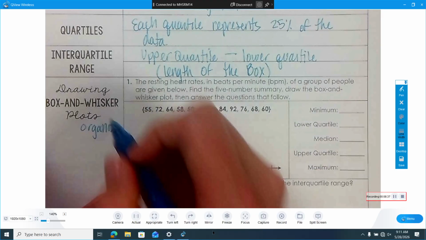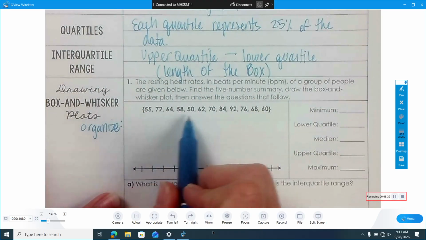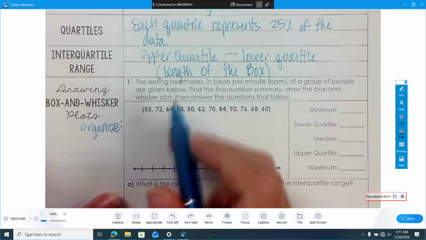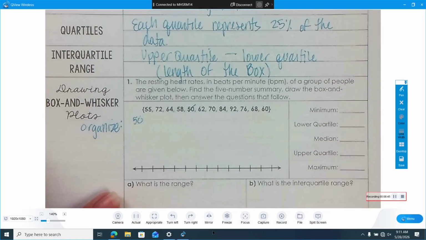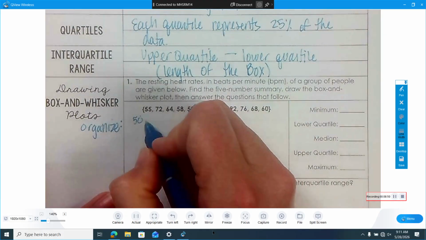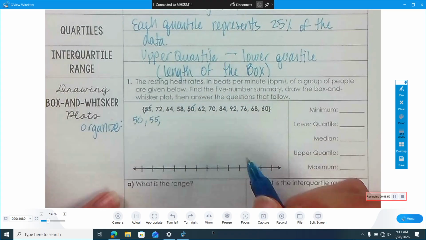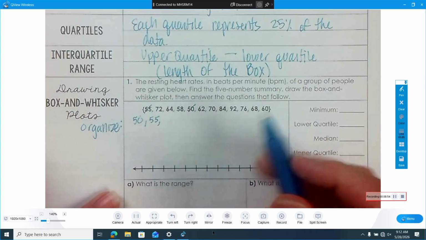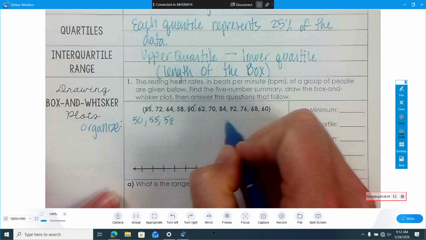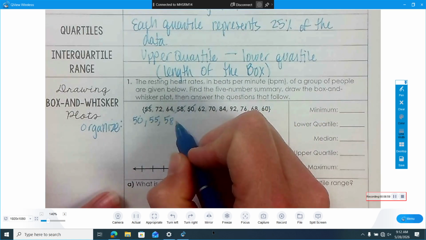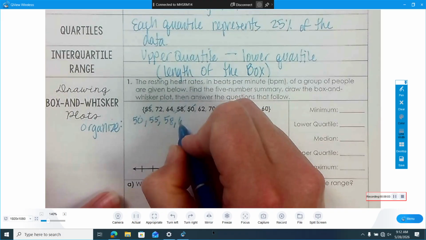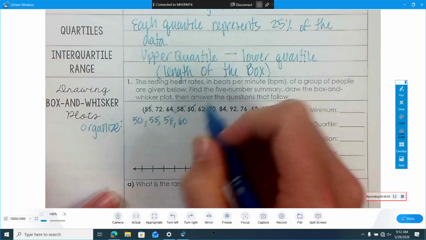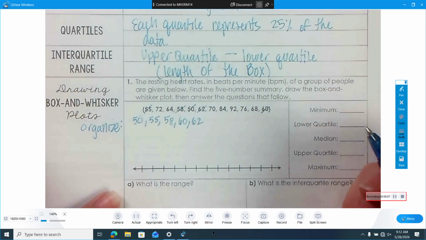All right, we're going to organize our data here. What is our lowest data point? 50. All right, we got 50. Make sure you cross it off as you go. What's next? 55, followed by 58. Where's 58? There we go. And then we have 60, followed by 62.